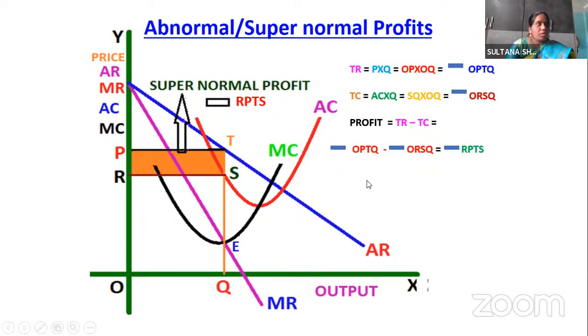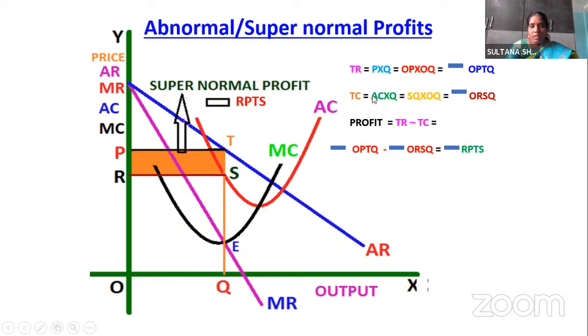Now, how can we get the total revenue? Price into quantity. How much output did we sell?